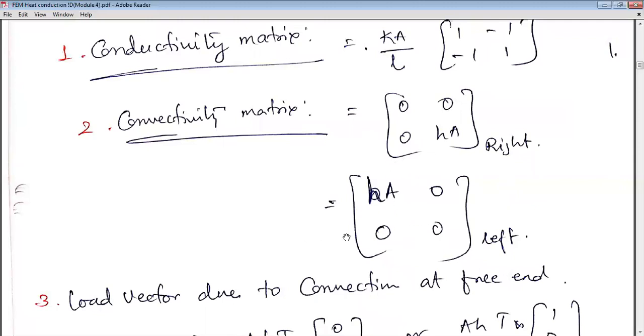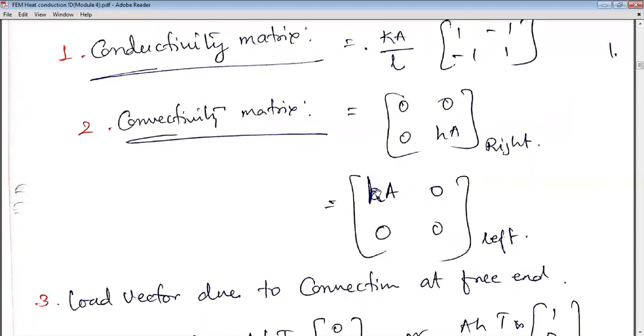What is this right? What is this left? If you are a little confused, I will explain these things once I enter the problem. For the time being, just have a look and make a note of this. So HA is in this 2 cross 2 matrix. It is second row, second column.